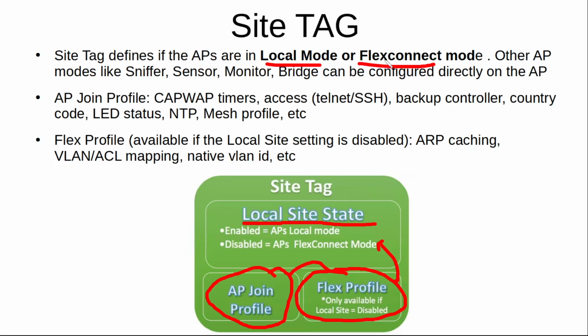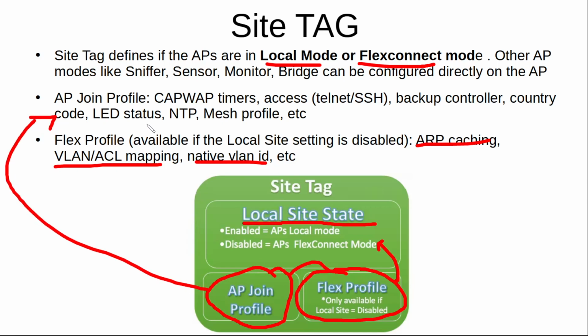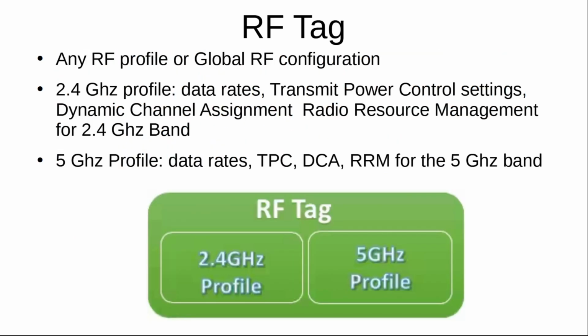If it is going to work in FlexConnect mode, you can set the ARP caching, the VLAN to ACL mappings, the native VLAN ID, and so on. And in the access point join profile, you can set up CAPWAP timers, how to access your access point, the backup controller, country code, LED status, Network Time Protocol, mesh profile, and so on.